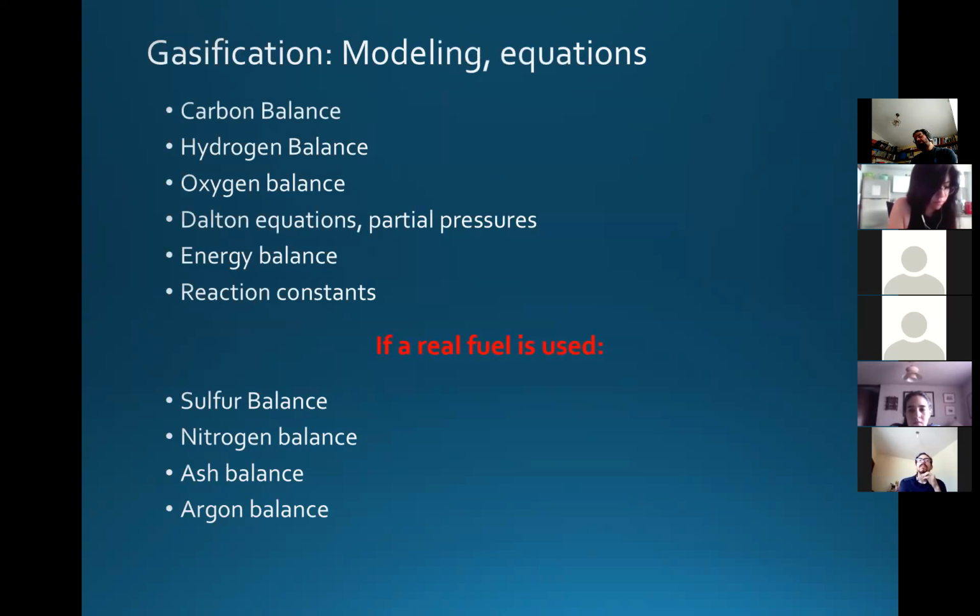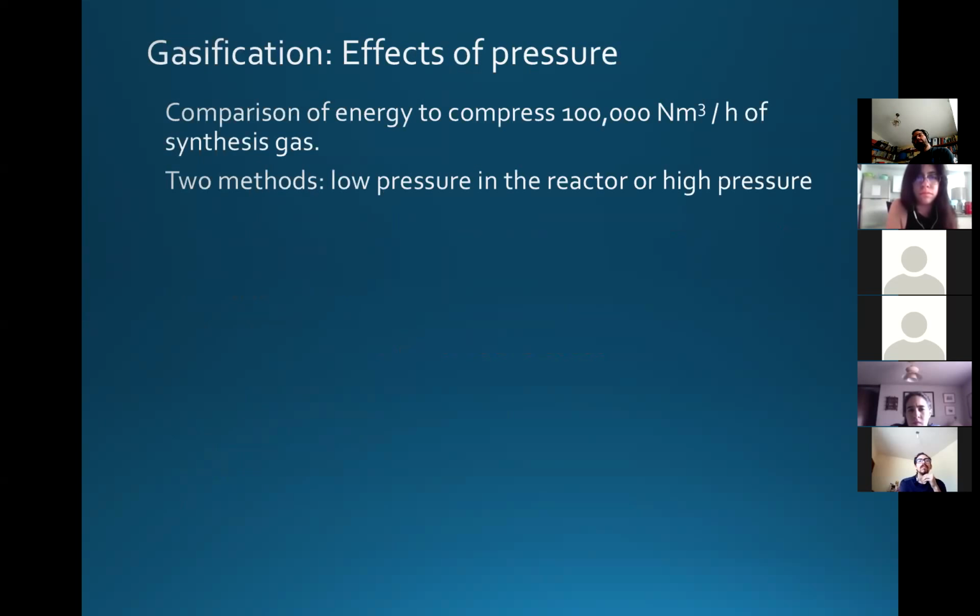Okay, so if you take all these things and put them into a model, you can obtain data to see how the system behaves, right? So in the next slides, I'm going to show you different plots on how the systems behave, how the gasification behaves.